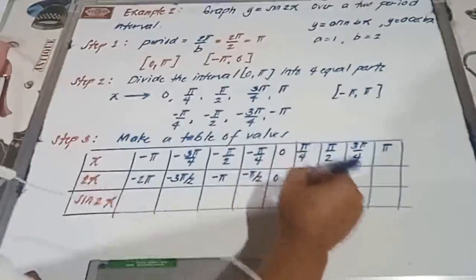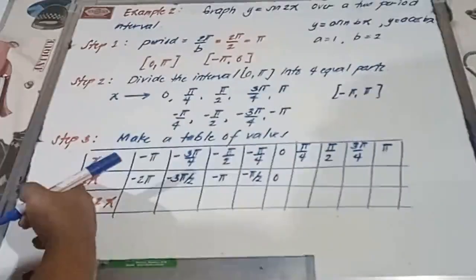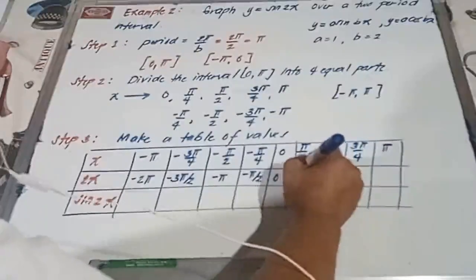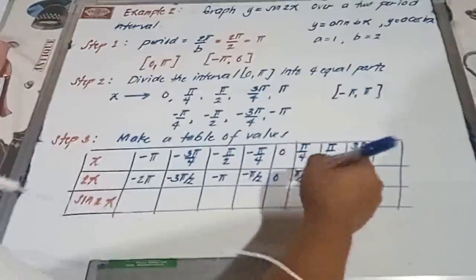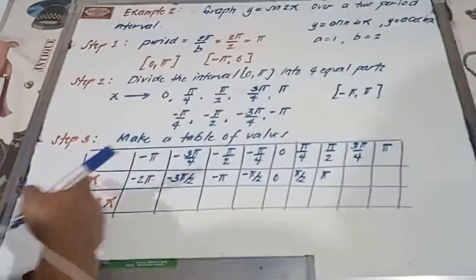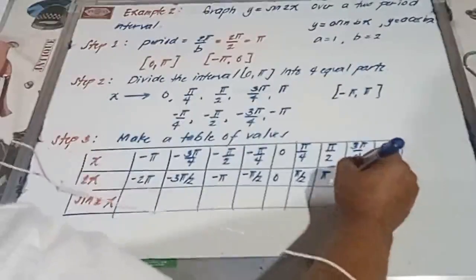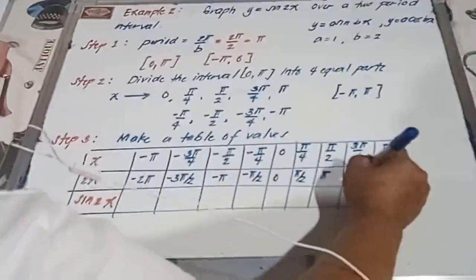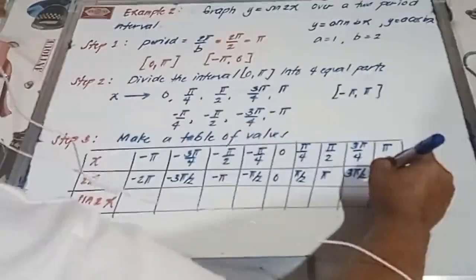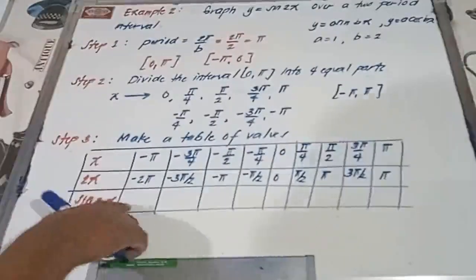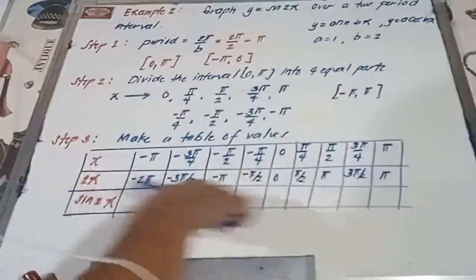This is 0. Pi over 4 times 2 is pi over 2. This will be pi. 2 times 3/4 of pi is 3 pi over 2. And lastly, 2 pi. Kunin na natin yung sine of these angles.